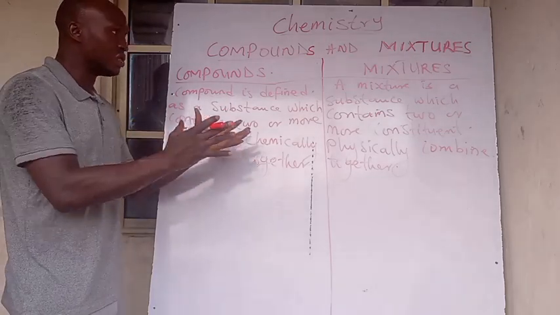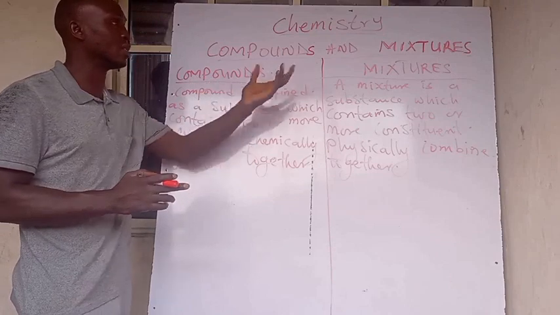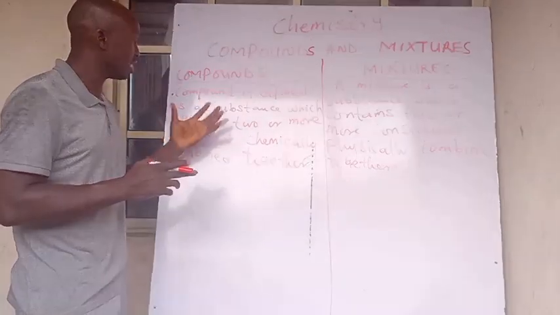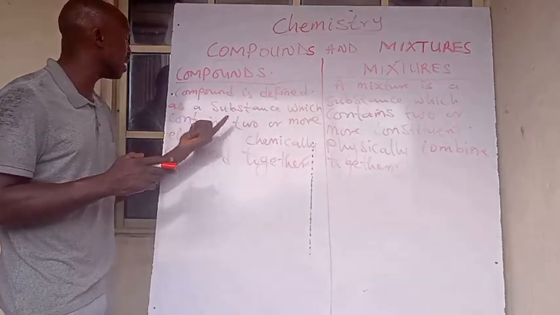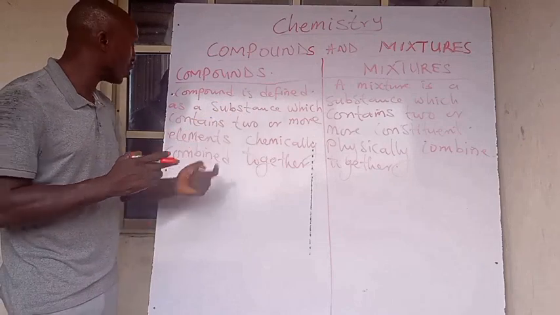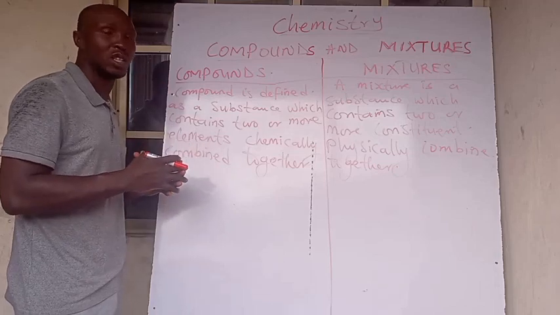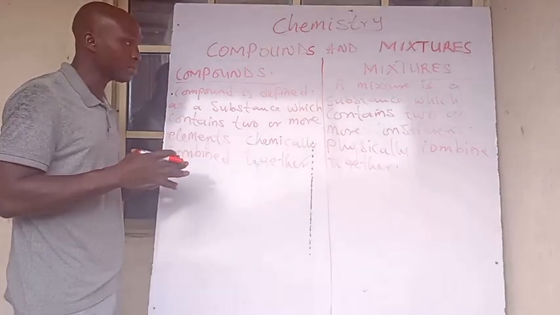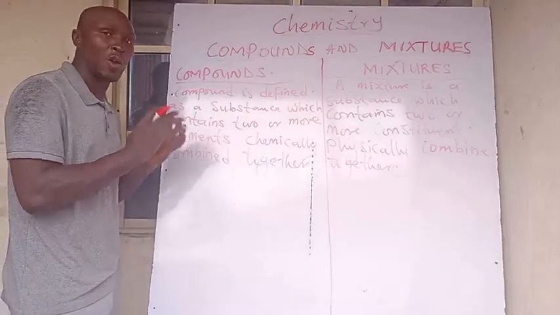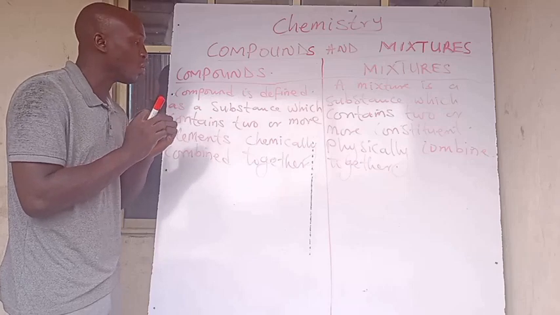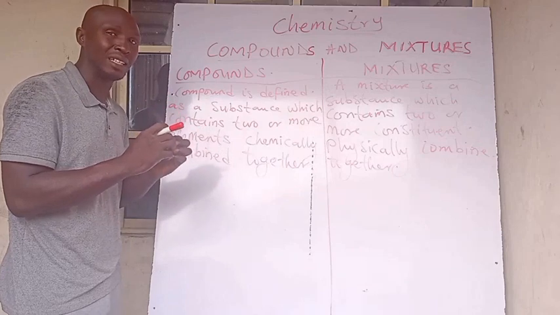Now, we've seen the two definitions, that of the compound and that of the mixture. Now let's look at them one after the other. A compound, we say it's a substance which contains two or more elements chemically combined together. I want us to understand that compounds are those substances formed when two or more elements are joined together chemically.